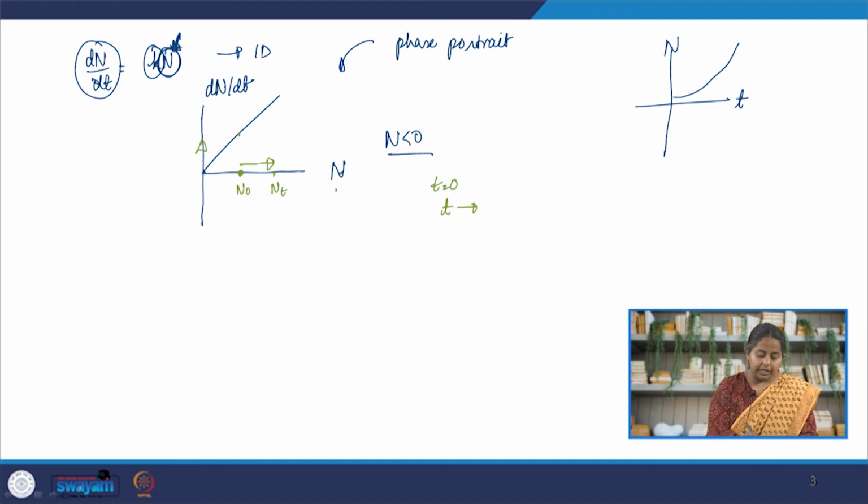Now, what happens if we start from n naught equal to 0? If you look at the value of dn by dt here, when n naught is equal to 0, it is 0. So dn by dt is equal to 0, which means no change in the number of bacteria.